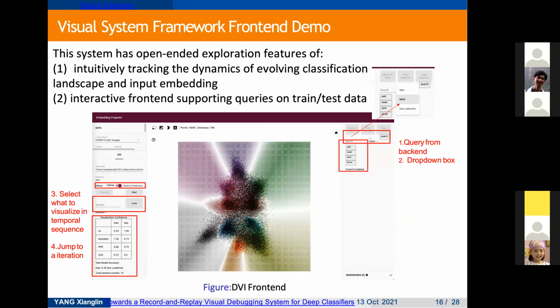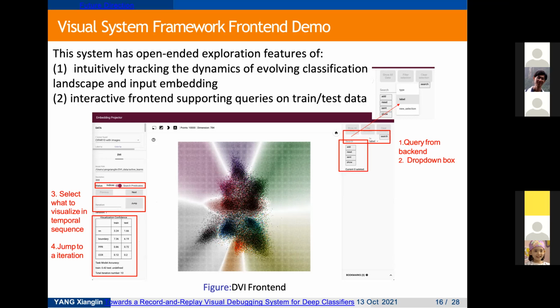And then this is an image of our front end, which has a search box, and on the left, by pressing the previous and next buttons, it can go through time to see the visualization of different epochs. And on the bottom left, we also have some metrics to evaluate how good the visualization is.